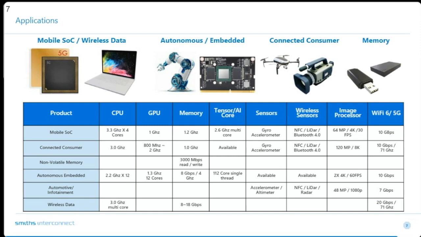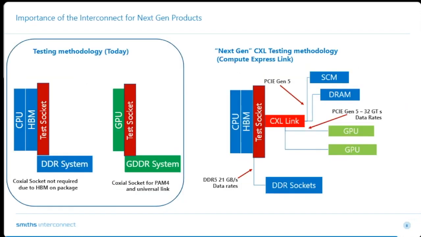To add some more context around the challenges we face today, we'll move on to the next slide here. I've outlined what we're calling today's test methodology versus next generation test methodology, which includes the CXL protocol being embedded into the test program or the test process.